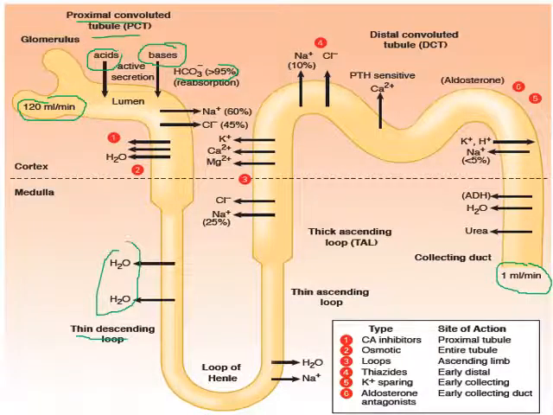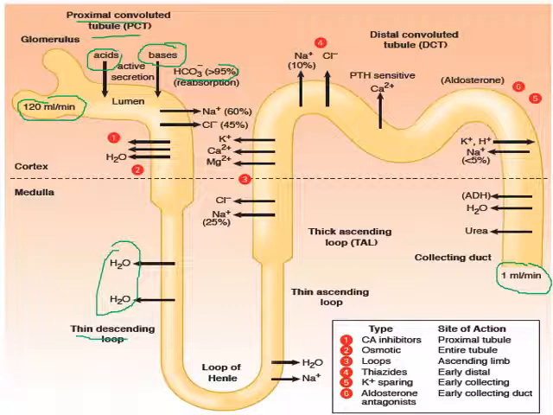It is impermeable to solutes or salts. So as the ultrafiltrate passes through this portion, it will become more hypertonic. The tonicity will increase. It will become more concentrated. At the tip of the medulla, the maximally concentrated fluid is present.